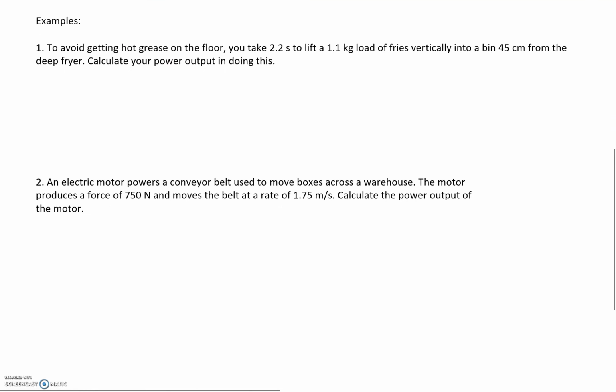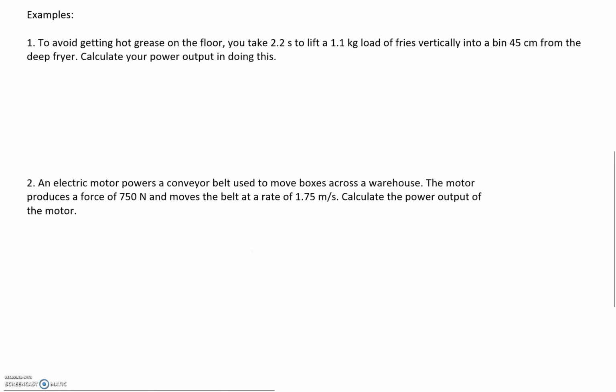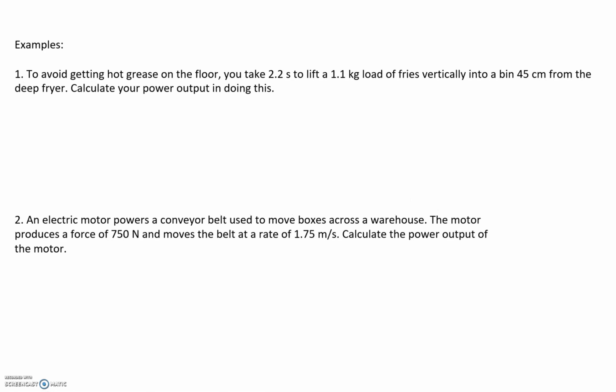All right, let's take a look at a few example questions. To avoid getting hot grease on the floor, you take 2.2 seconds to lift a 1.1 kilogram load of fries vertically into a bin 45 centimeters from the deep fryer. Calculate your power output while doing this. You're doing this really quickly because you don't want to drip hot grease on the floor. Power equals work over time, or force times distance over time.